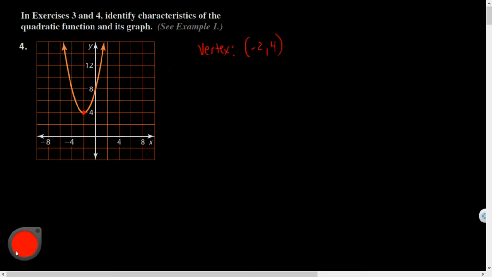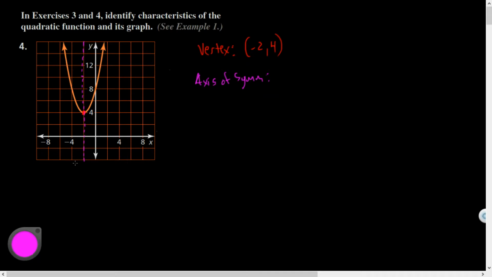Now, could this be a regularly facing parabola? No, I don't think so. Well, either way, there's the vertex. There's this other idea called the axis of symmetry, which is the vertical line that the graph is mirrored over.